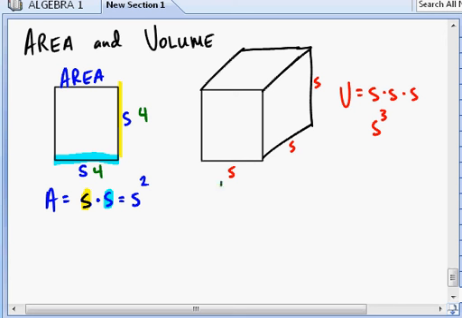Just as an example, if these S's were 4s, if this was a 4 by 4 by 4, what would be the volume? What do we do to these 3 4s? That would be 4 times 4 times 4, 64.